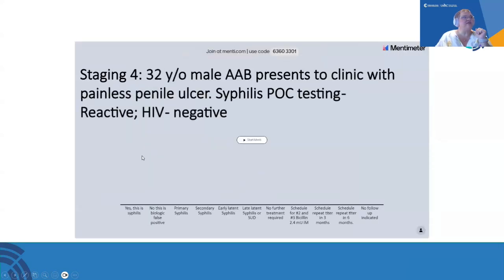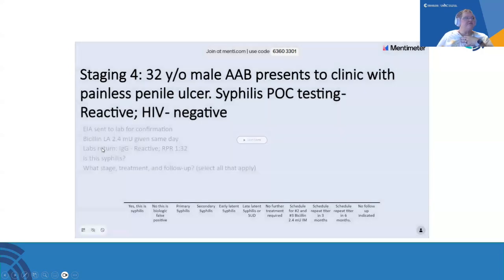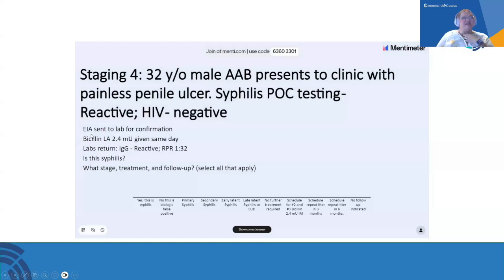All right, let's do this one. A 32-year-old male with a painless penile ulcer. Syphilis point of care testing is reactive, and he is HIV negative. We sent off his lab for confirmation, gave him the bicillin the same day, and this is his labs when it returns.